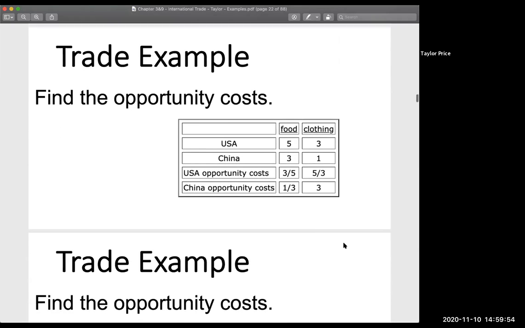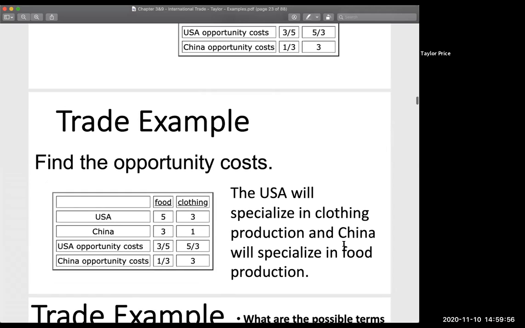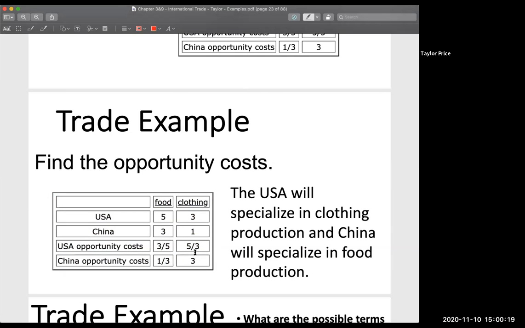The next piece is you need to determine which country is going to specialize in which good. We can see that the US has a lower opportunity cost in clothing than China does. So the US is going to specialize in clothing. So let me get my pen. Basically the US is going to produce clothing and China is going to produce food.